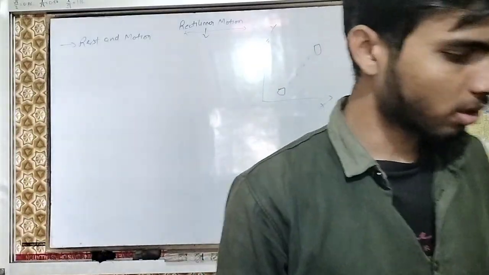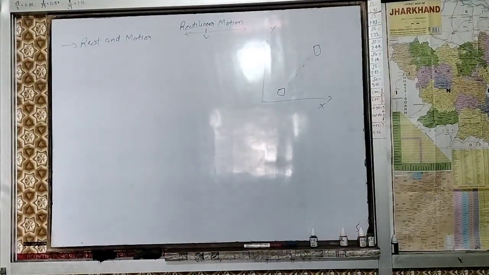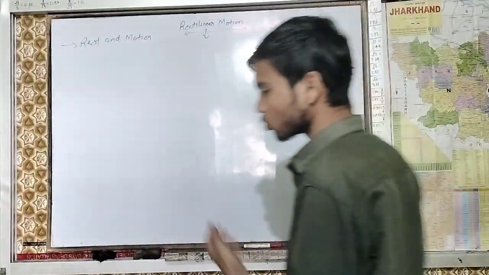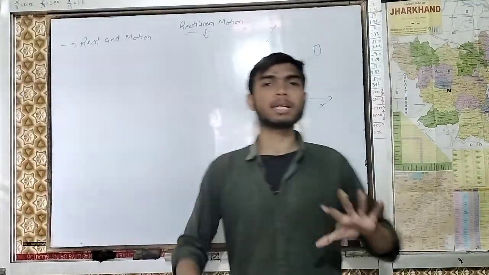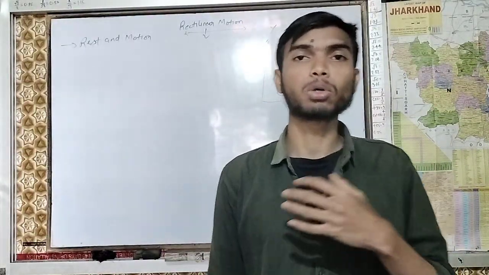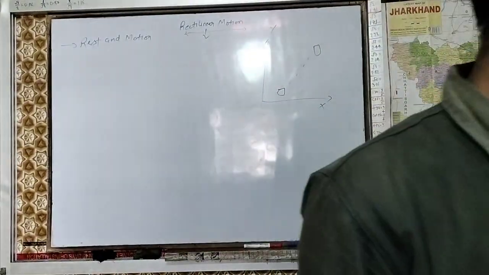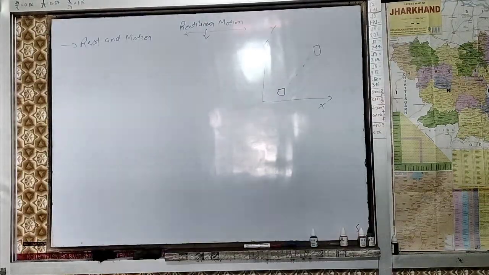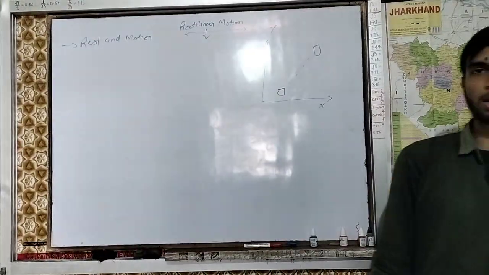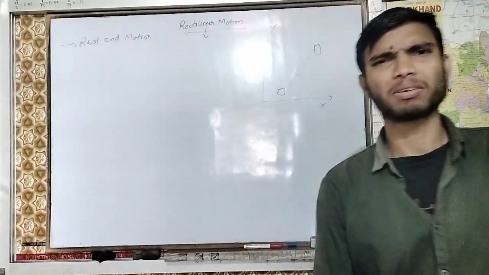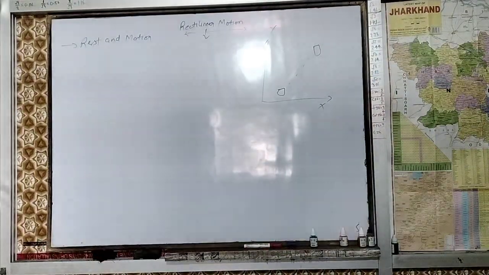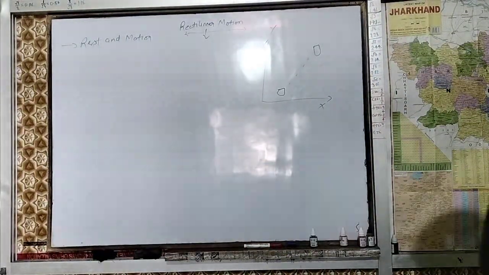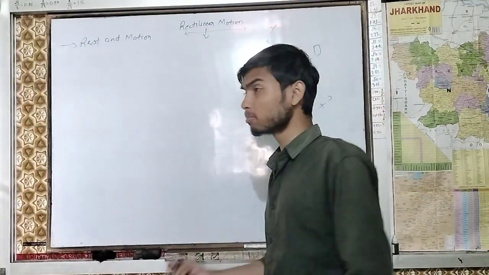Frame of reference. First of all, we are talking about whether they are relative or absolute. We are crystal clear that rest and motion are not absolute. They are relative. Now try to understand relative motion.